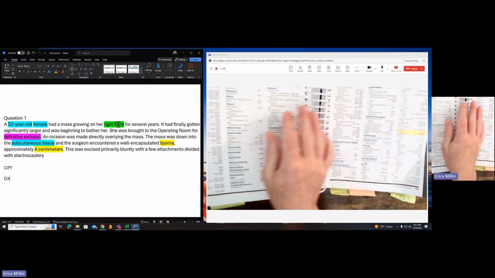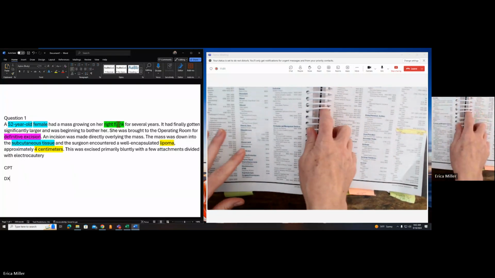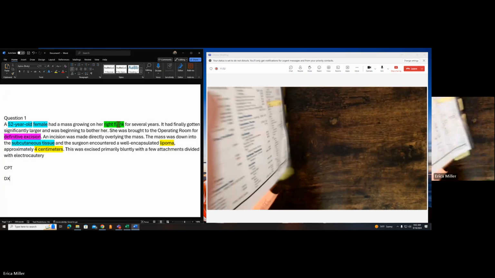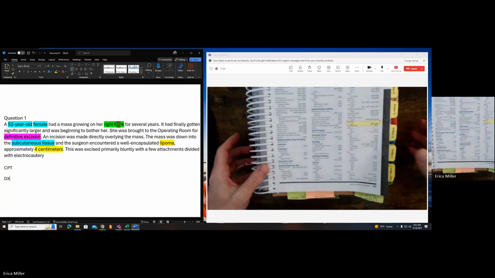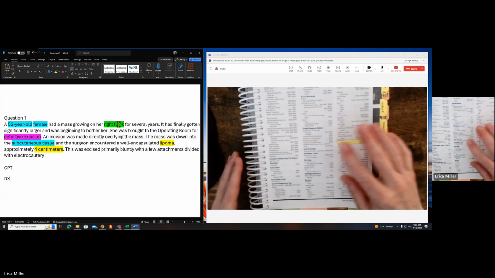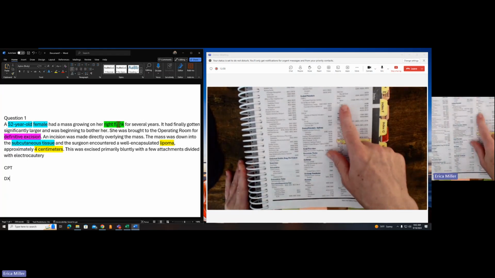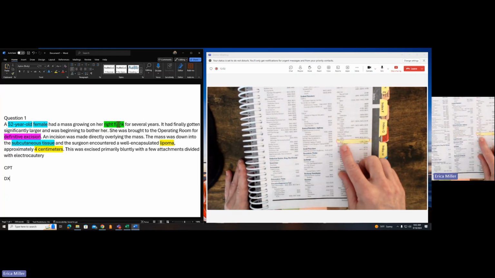I'm going to go to the keyword of excision. So from excision, then I'm going to start looking for that anatomic location. I've already highlighted it here.